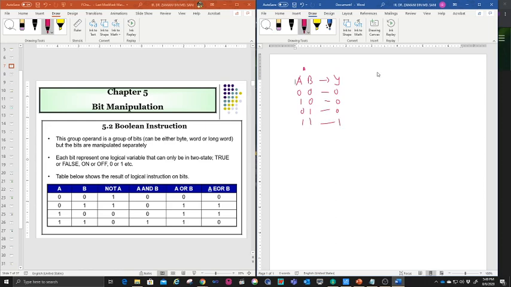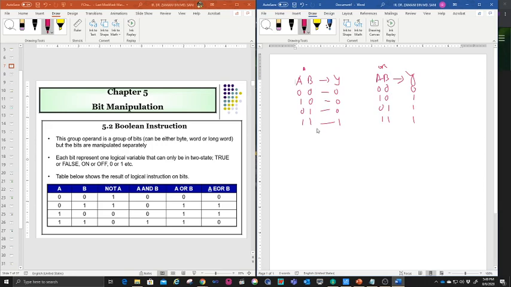Okay, so let's say for the OR, A and B again. You have 0 0, 0 1, 1 0, and 1 1. So for OR, this is 0, this is 1, this is 1, and this is 1.